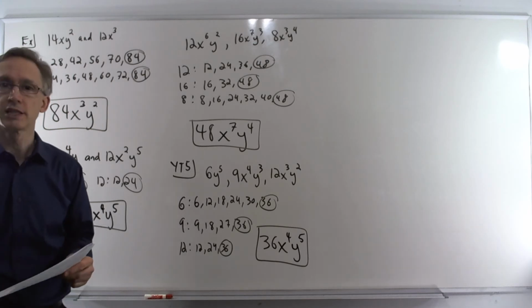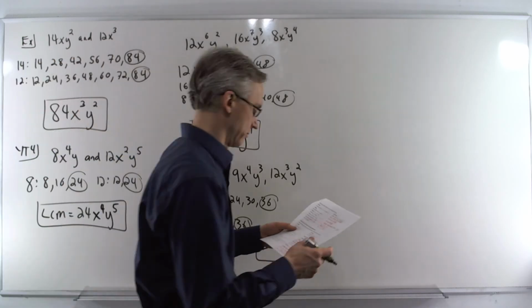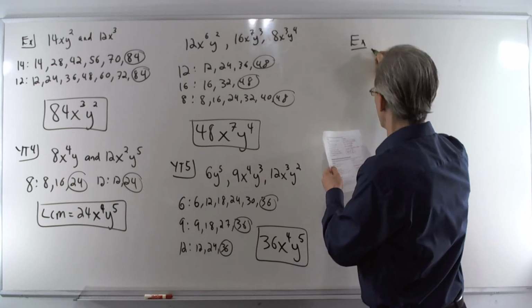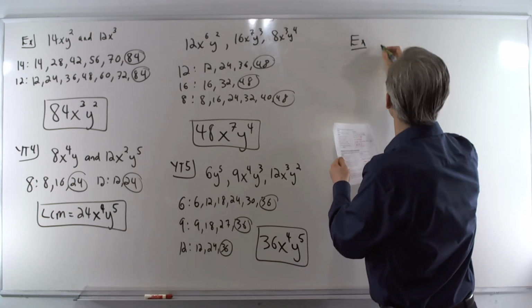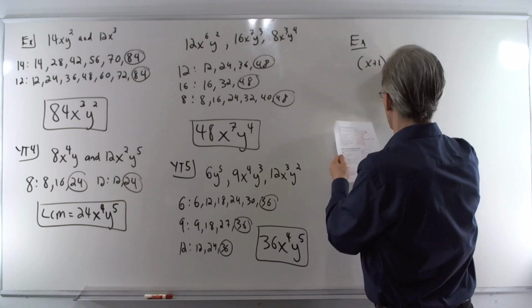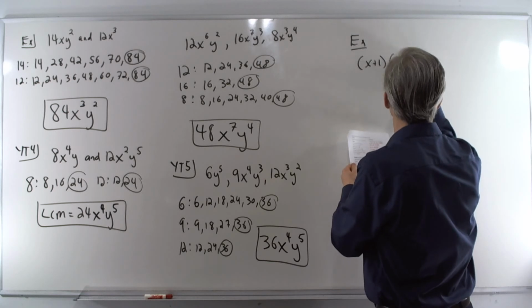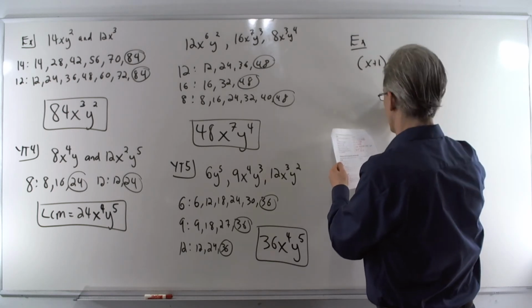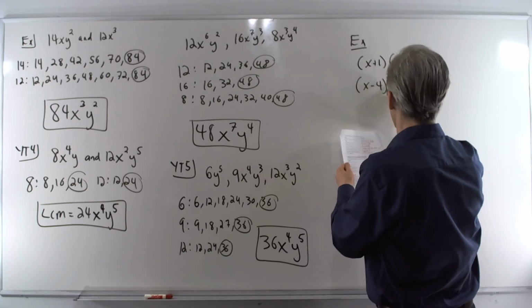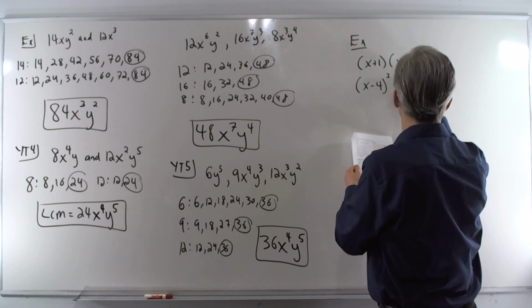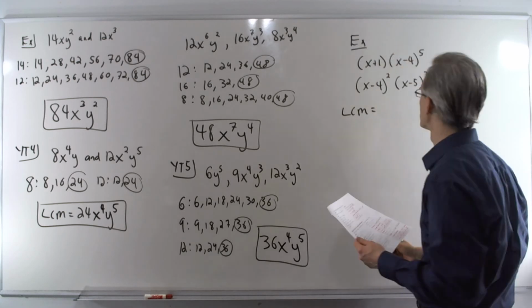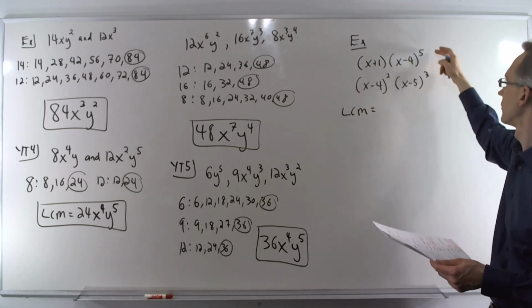And now we're going to find the LCM of expressions with binomials in them. And these are going to act just like variables. So here's our two expressions, x plus 1 times x minus 4 to the 5th power.